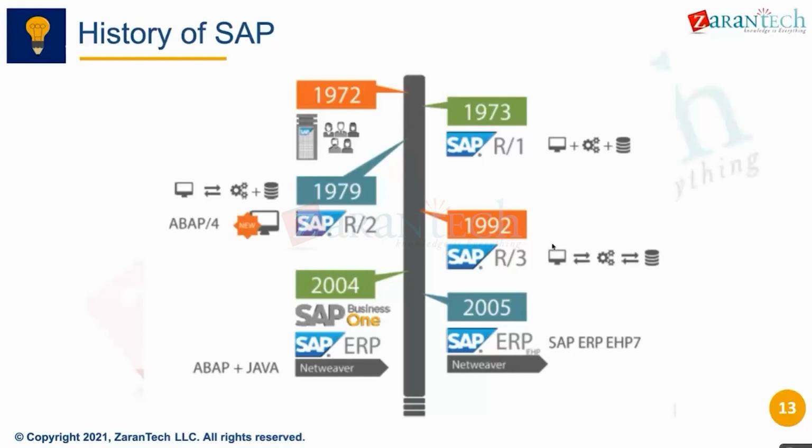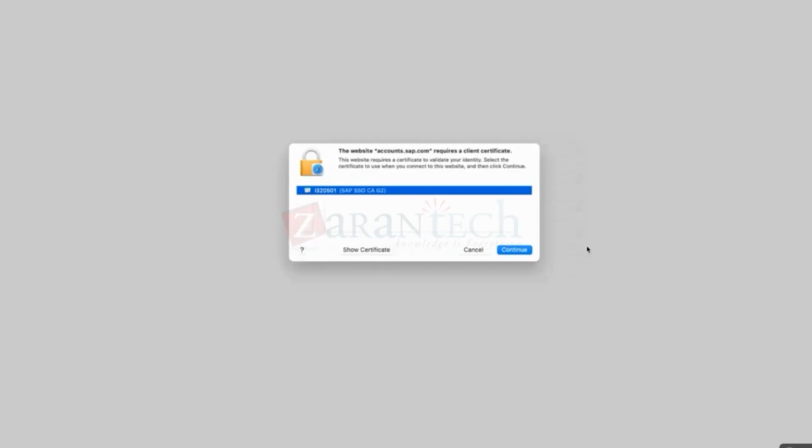In 1992, SAP came up with SAP R3. Okay. So this is one of the most successful real-time and 3-tier architectures. Even still today, we have this architecture, but the product names and things are different.